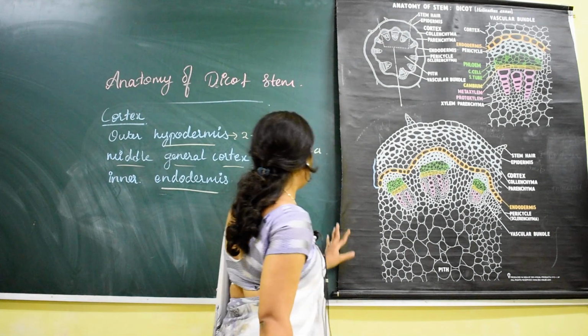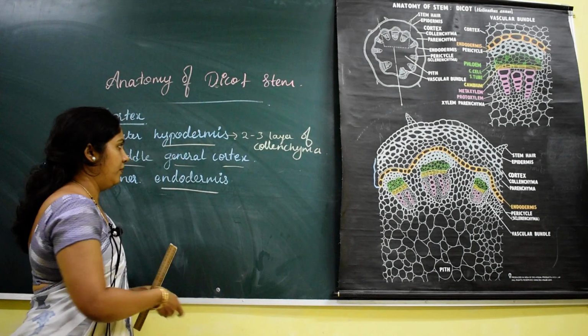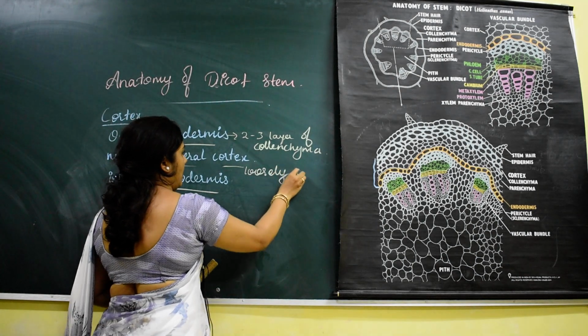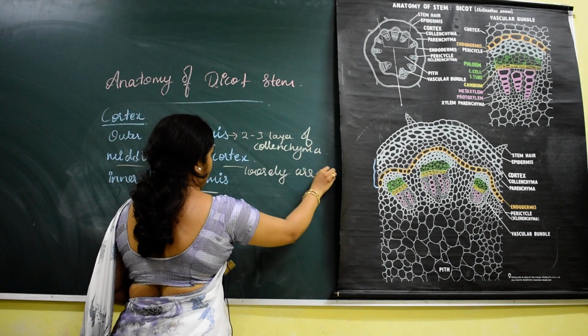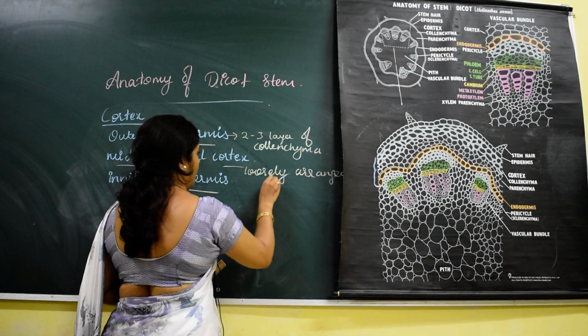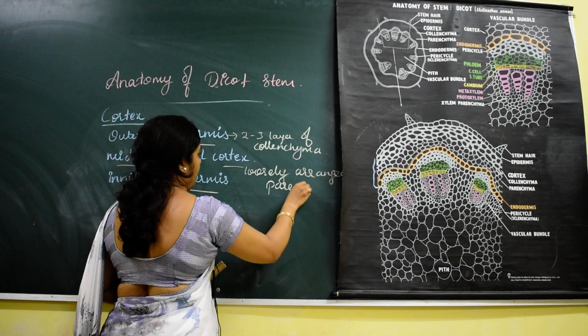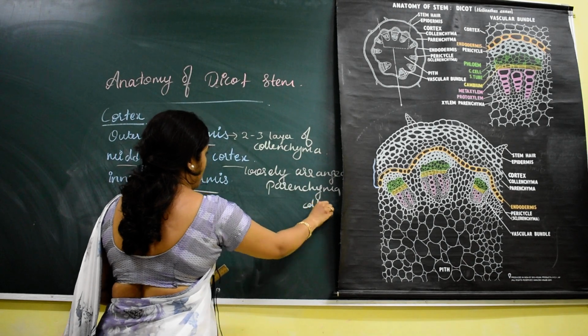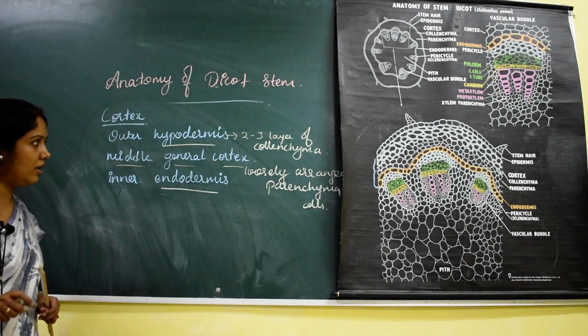This general cortex is made up of loosely arranged parenchyma cells.